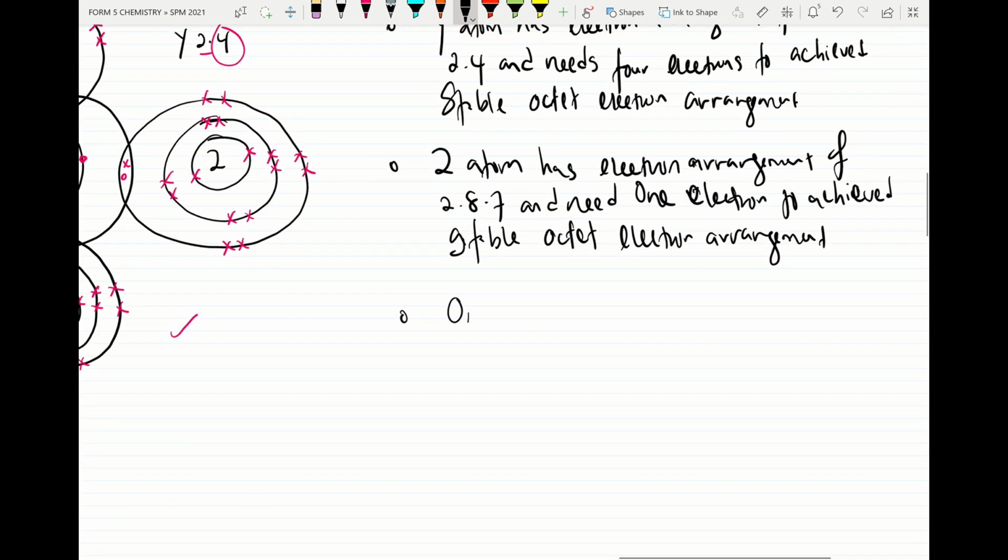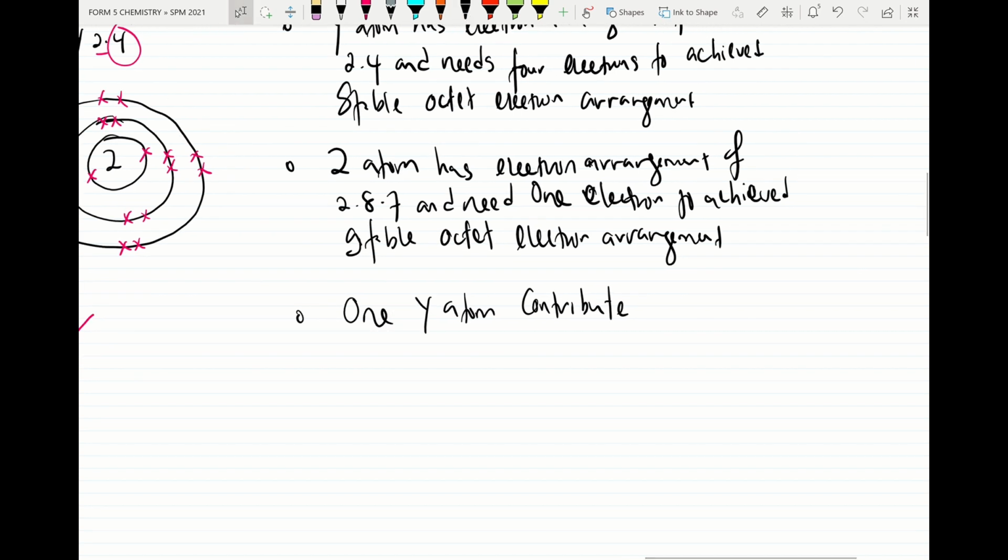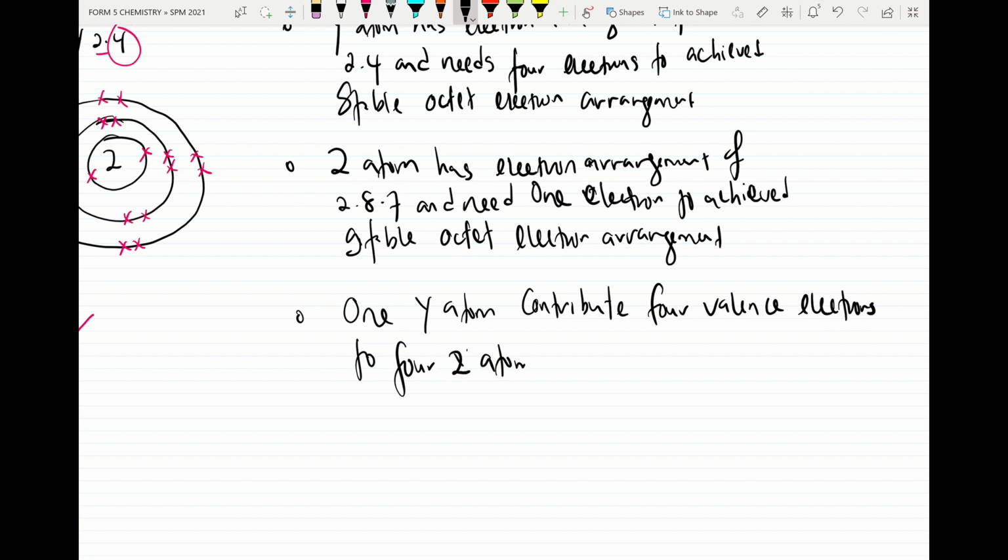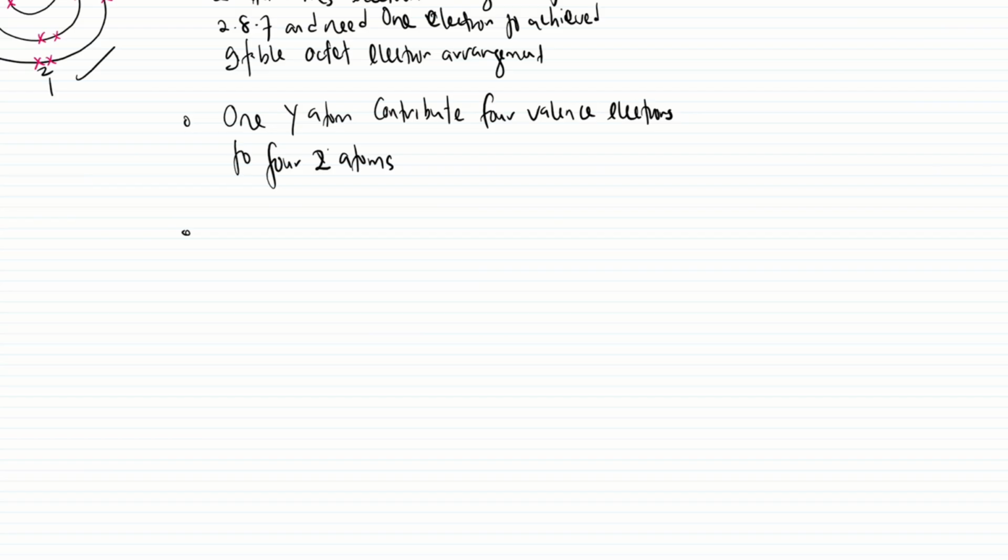All right, point number 3. One Y atom will contribute, as we already discussed, see the diagram just now, 4 valence electrons. So I put here 4 valence electrons to 4 Z atoms. Next point, please check the formula YZ4.